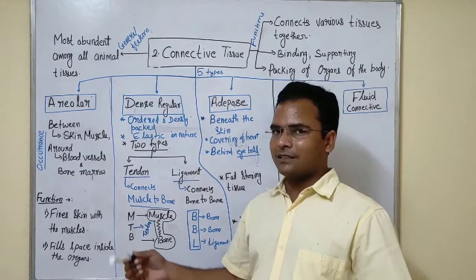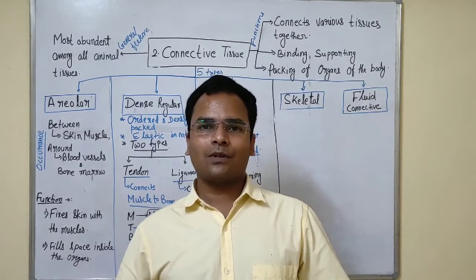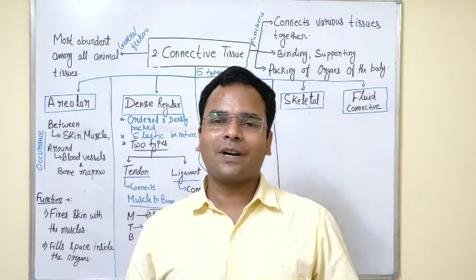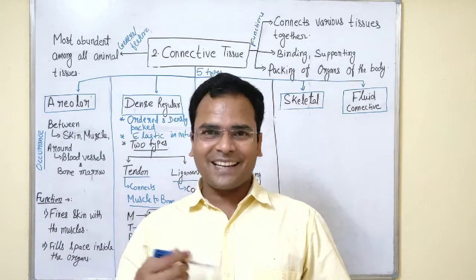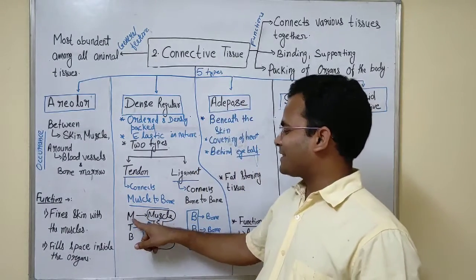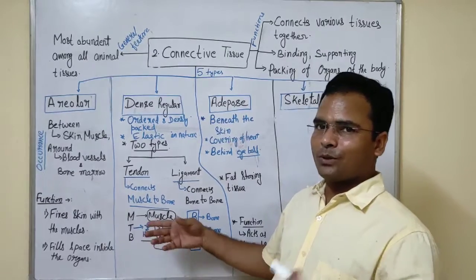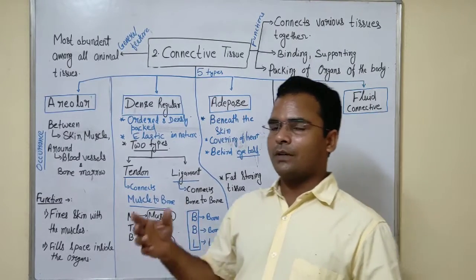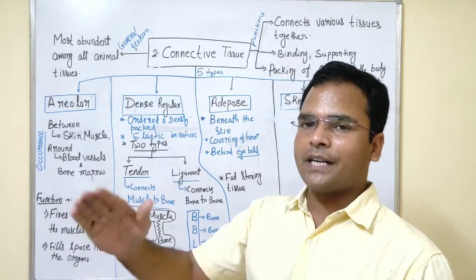I made a code like this. It's up to you. In my school days, there was a cycle. Its brand name was Hercules MTB. So my cycle was also there, so I made the code MTB: muscles to bone is connected by tendon. You could also make mnemonics like this in biology; it helps to avoid confusion.